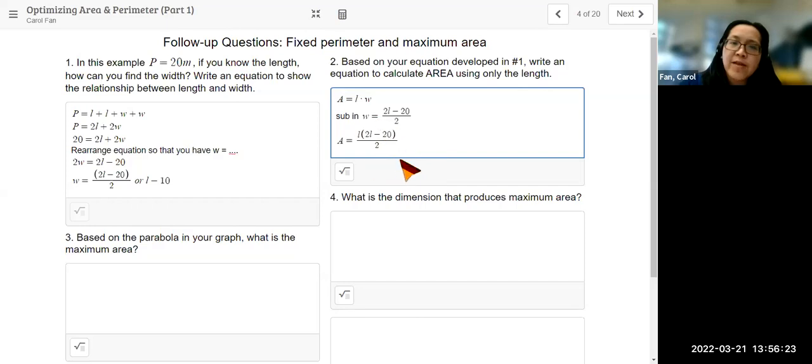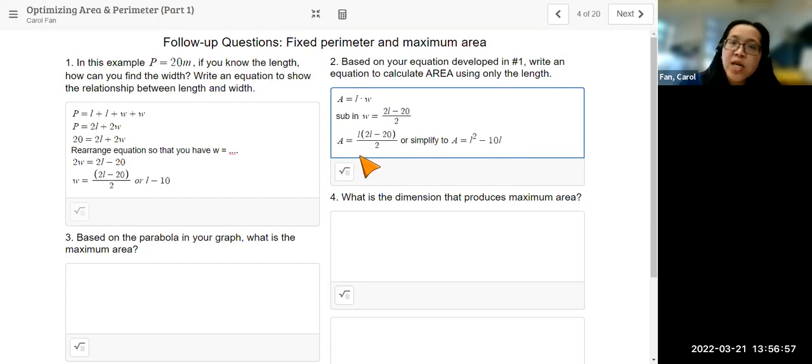So when I have this, I can put this into a graphing calculator program to find out what the maximum is. Okay, so either way is fine. So we can simplify it to this. Now I'm going to go to the next page, which is a graphing calculator page.